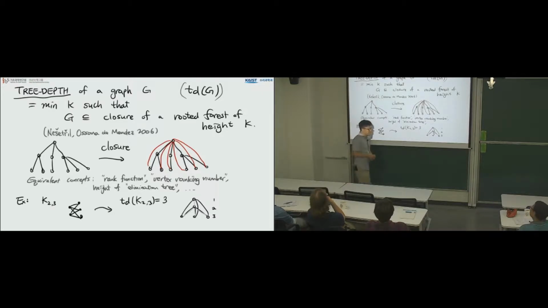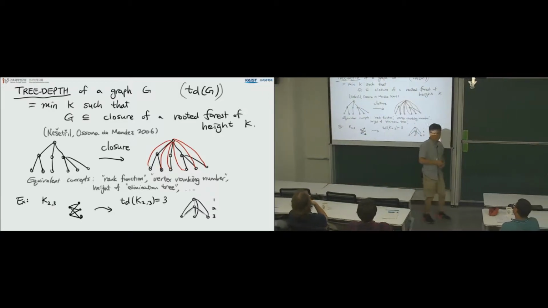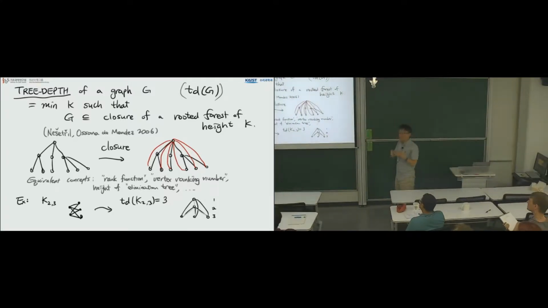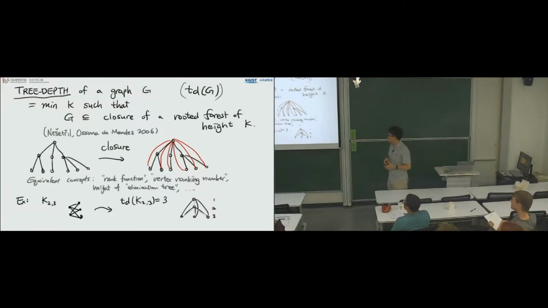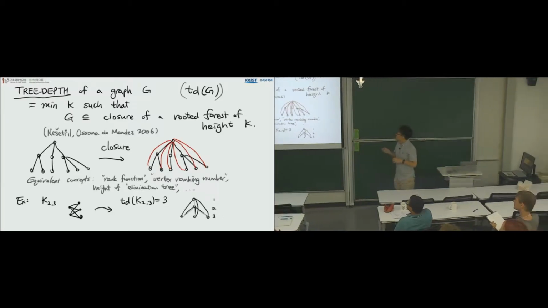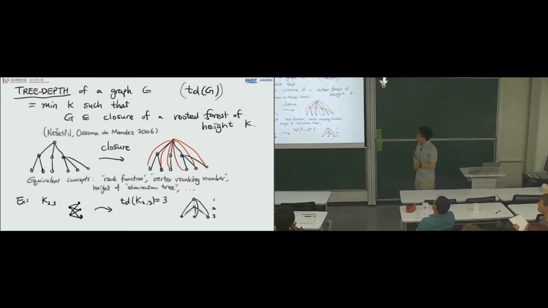And the minimum such K is called the tree depth of graph G, and there have been some equivalent definitions like rank function, or vertex ranking number, height of elimination tree, blah blah blah. But this name comes from Nešetřil and Ossona de Mendez's paper in 2006.